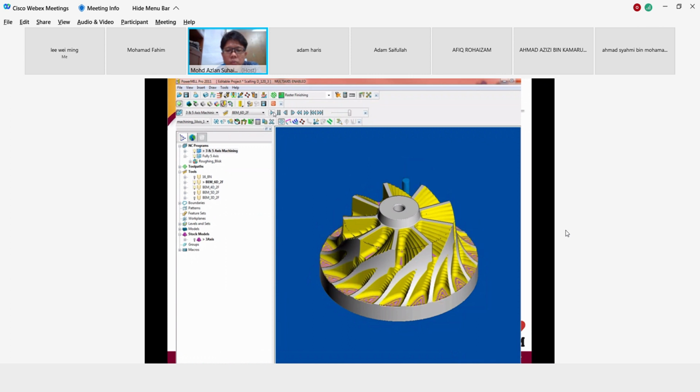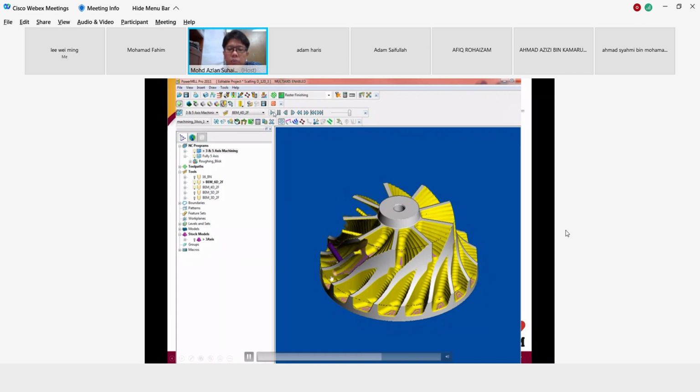This is how the tool moves, according to the G code that has been developed by the CAM software. The tool moves according to the coordinates made by the CAM software, and you can verify whether all the paths are good or not.